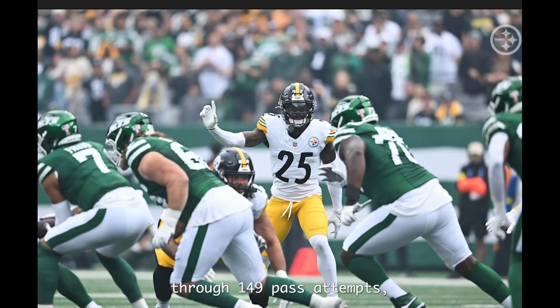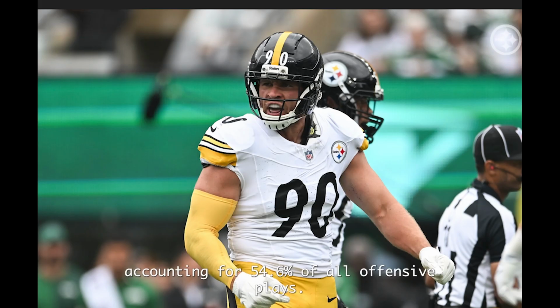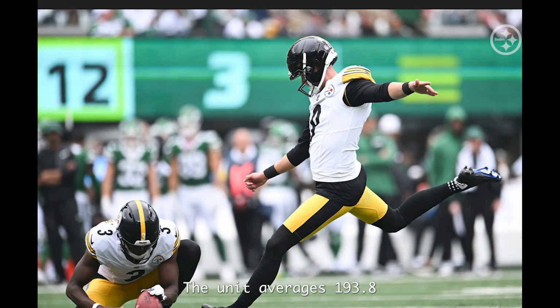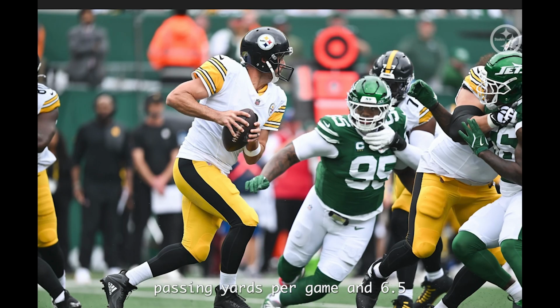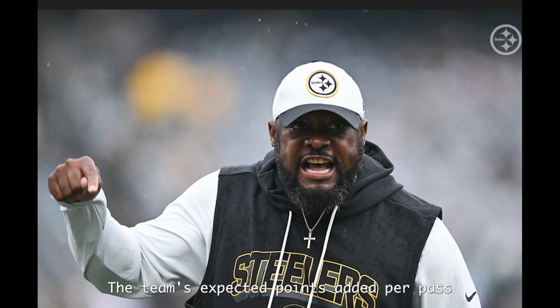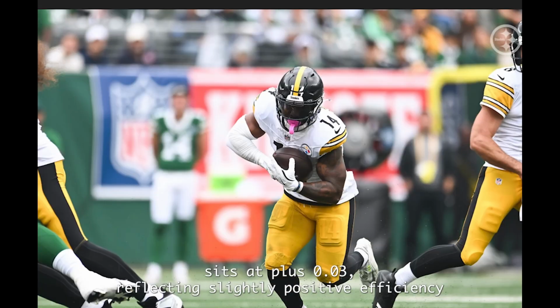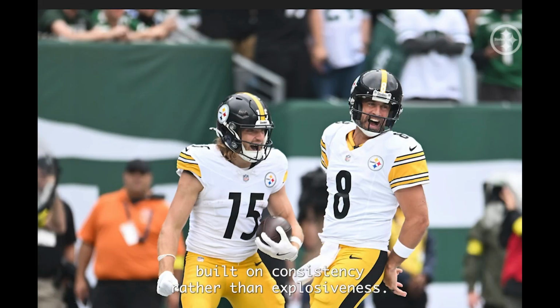Through 149 pass attempts, accounting for 54.6% of all offensive plays, the unit averages 193.8 passing yards per game and 6.5 yards per attempt, producing 10 total touchdowns. The team's expected points added per pass sits at plus 0.03, reflecting slightly positive efficiency built on consistency rather than explosiveness.